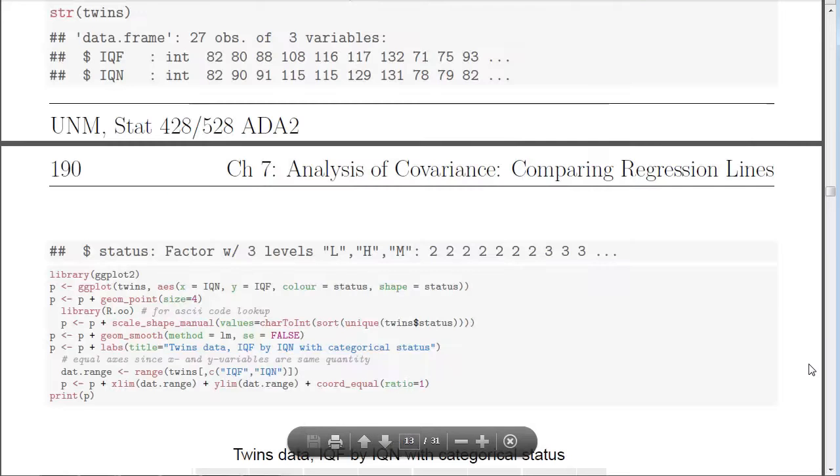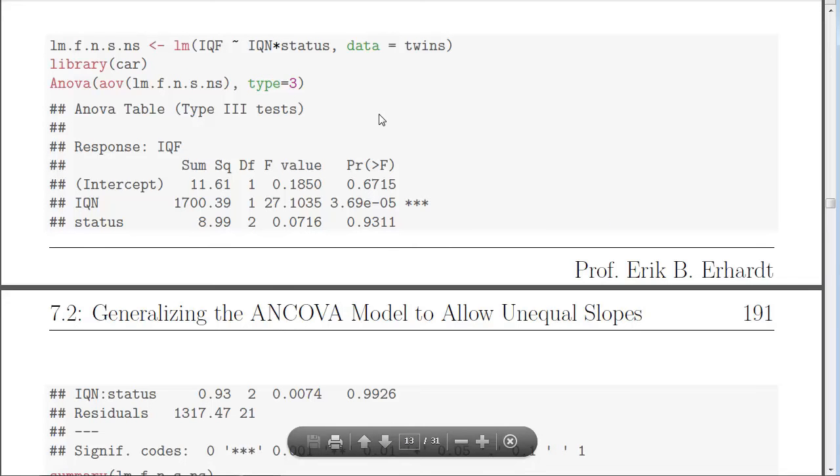I'll page back down below the plot, and this asterisk expands into the main effects for the slope, IQN, and for intercepts, the statuses, as well as the interactions of both, which are specified by a colon, which we'll see in a moment. So the first thing we're going to do is ask the question using the ANCOVA table whether there is an interaction or not.